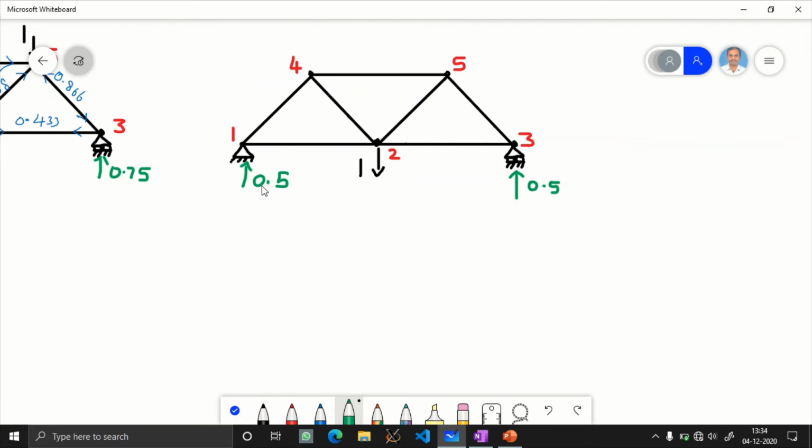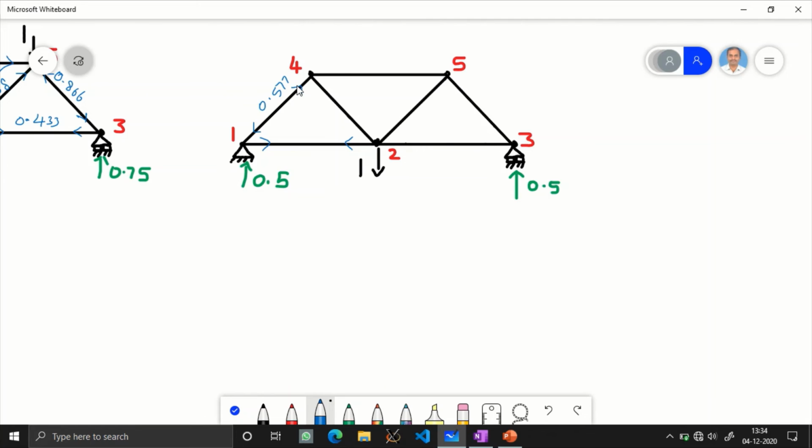This 0.5 is acting upward, so the component of P3 must act downward. So this is the sign for my P3, and its value is 0.5 divided by sine 60, which is 0.577. This is acting towards left, so here the force should act towards right, or away from the joint. So here also away from joint.